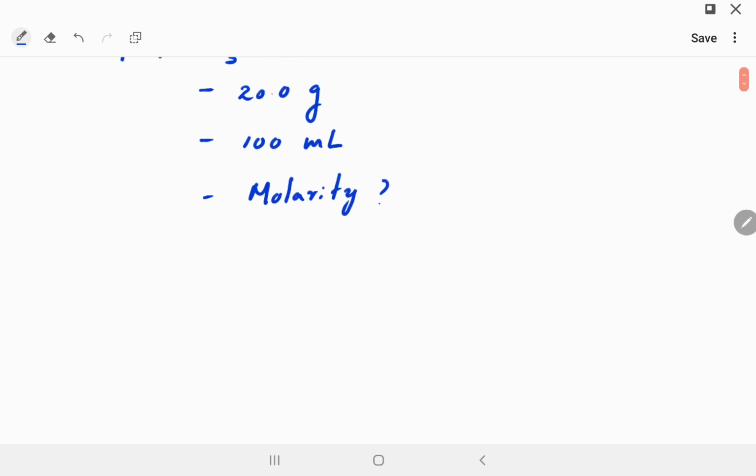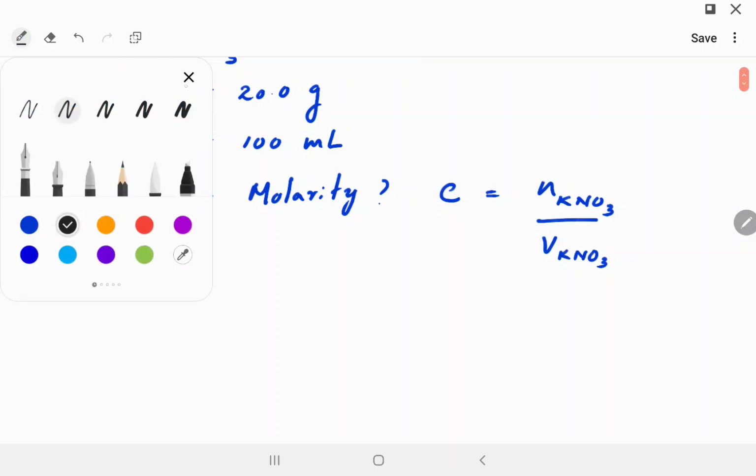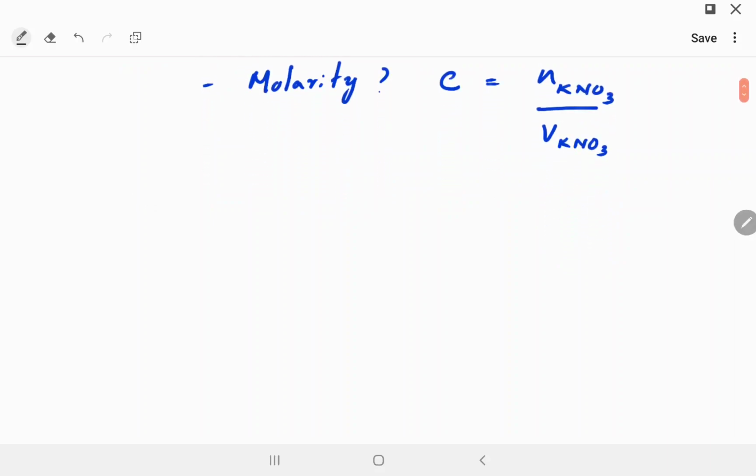First of all, you need to find the molarity, which means C. To do that, you need the number of moles of potassium nitrate divided by the volume of potassium nitrate in liters, of course. You know the volume, but you don't know the number of moles. So the first thing you need to do is calculate the number of moles of KNO3.